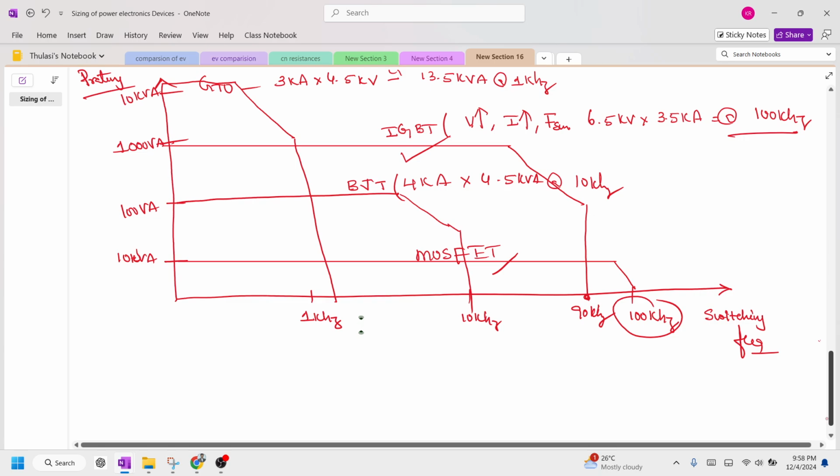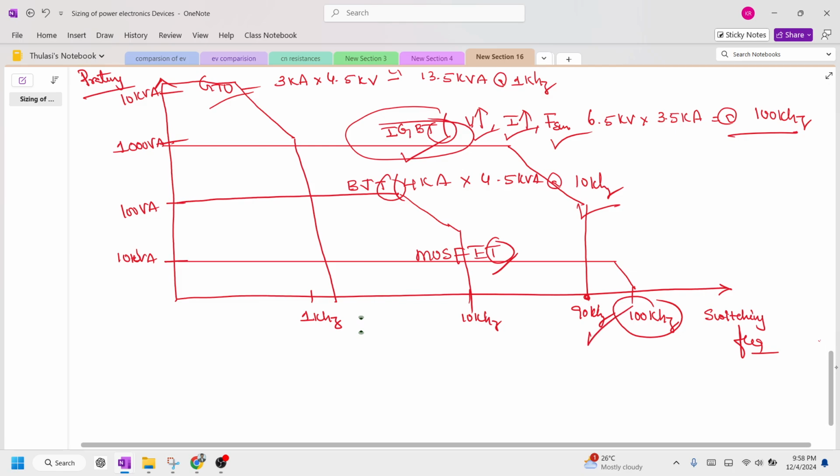You can see here all these are basically transistors. Among them, the best device we generally use for power electronics is the IGBT. Why? Because it can handle high power rating, high current rating, and high switching frequency, and that's why the IGBT is generally preferred.